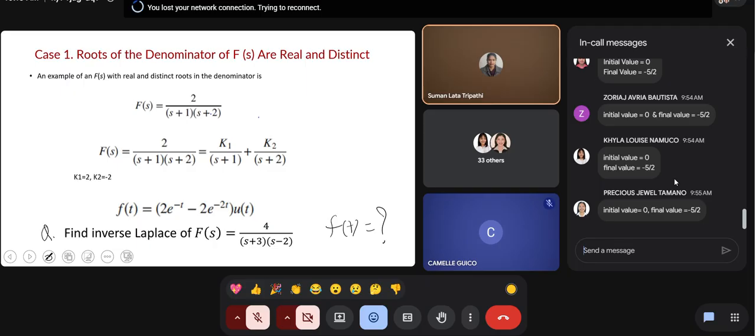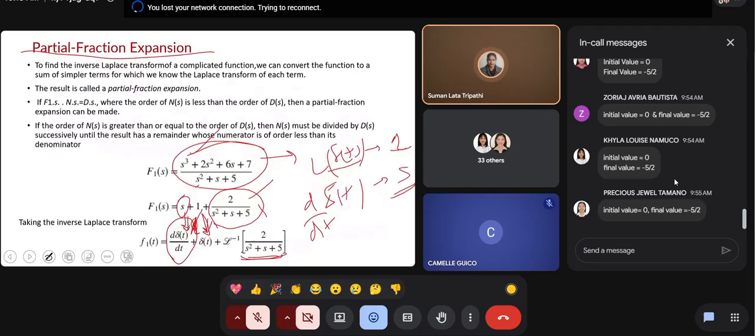Okay, but here it is not further simplified, but you can do it using some technique, like rewriting it as 2 upon s square plus 2s plus something. How will you make it in standard form?